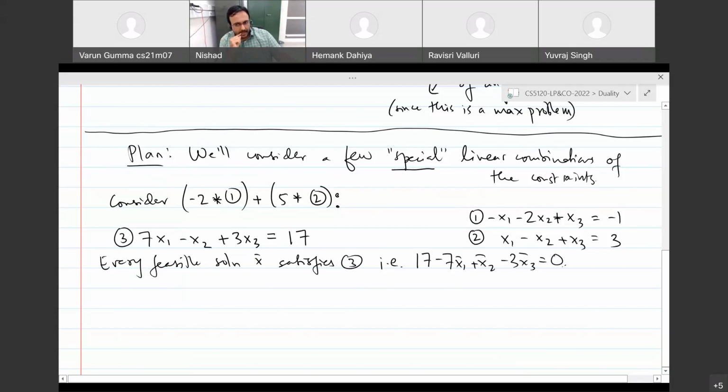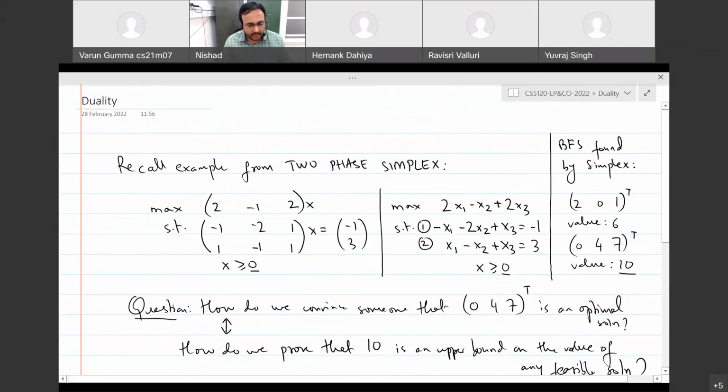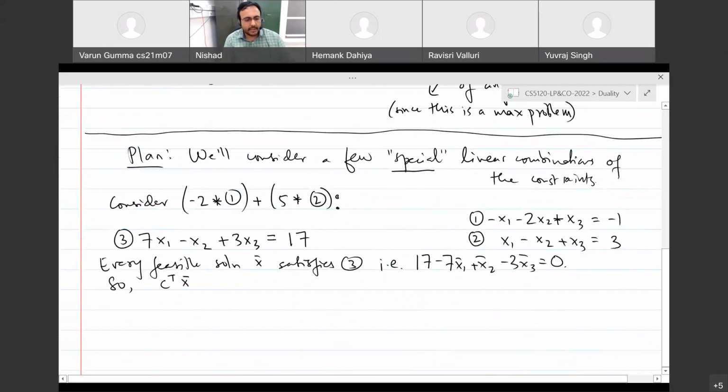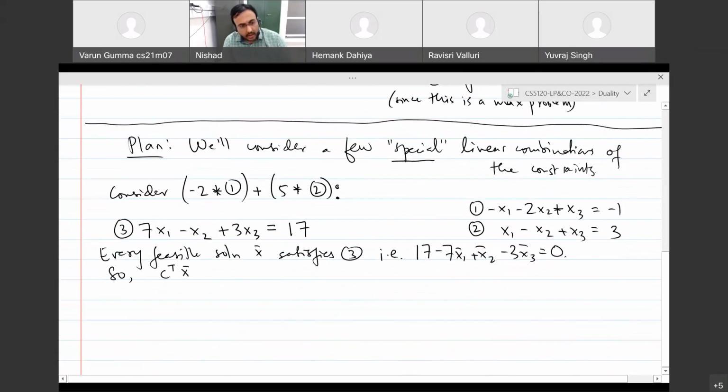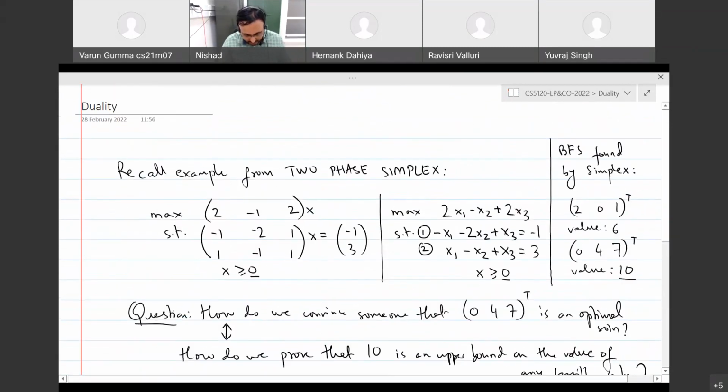Okay. So what is quite useful in mathematics is adding a 0. Sometimes adding a 0 gives quite nice results. So in particular, for any feasible solution, the objective value c transpose x bar, notice that we just have c transpose x bar, we don't have any constant here. So the objective value of our feasible solution, what is it? It is 2x1 minus x2 plus 2x3.